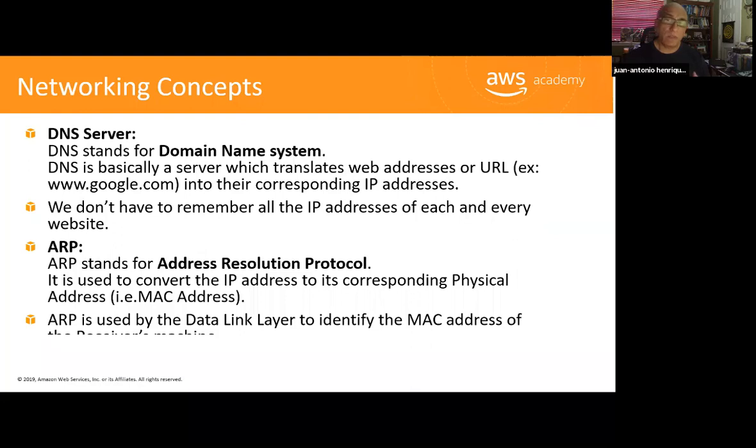But once it gets to the destination, the MAC address specifically pinpoints the actual device. ARP is the protocol that does the translation, understanding how to go from an IP address to a MAC address and vice versa. ARP is used by the data link layer to identify the MAC address of the receiver's machine.